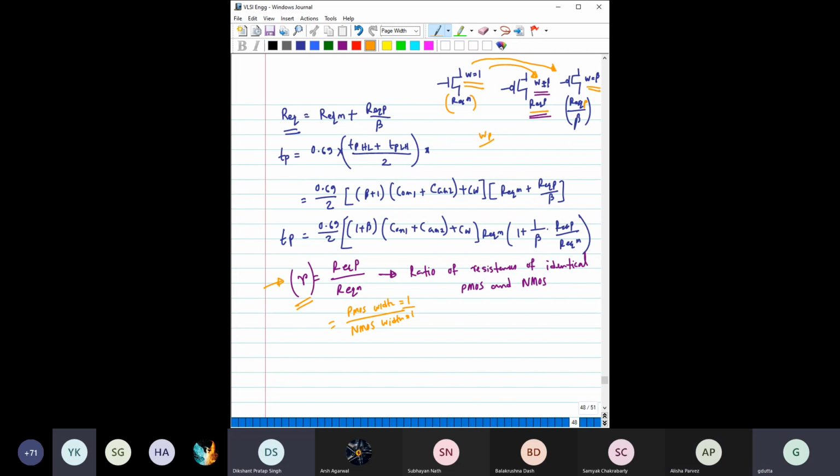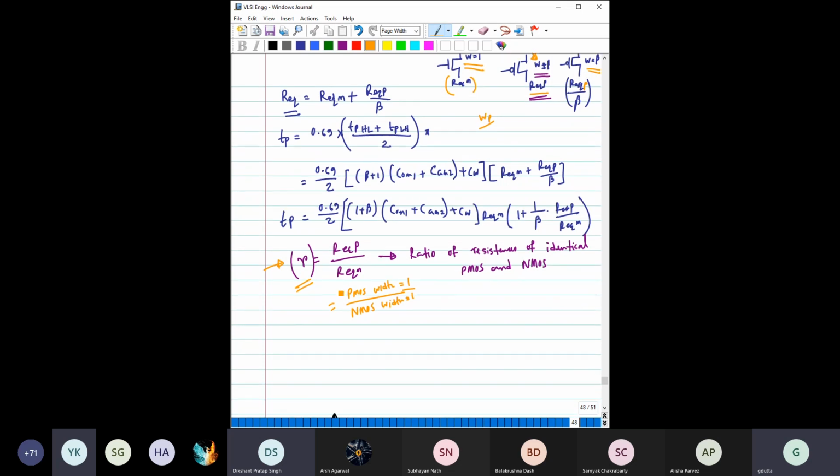But Alicia, I am a bit disappointed, why were you saying so? See, what is R? Please tell me, Alicia, what is R? It is the equivalent resistance of a PMOS having width equal to 1 by the NMOS having width equal to 1. Right.